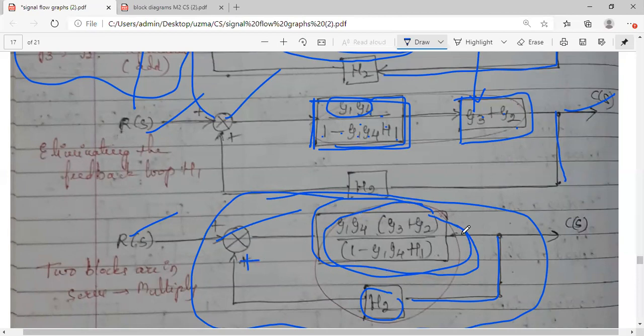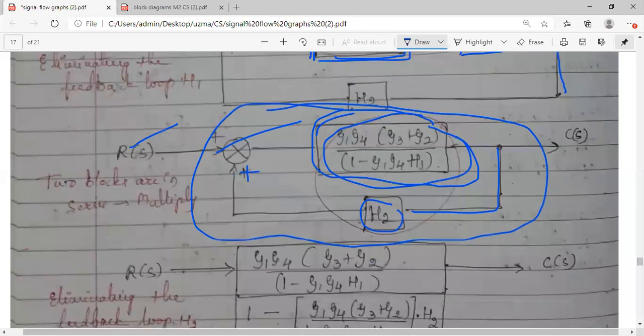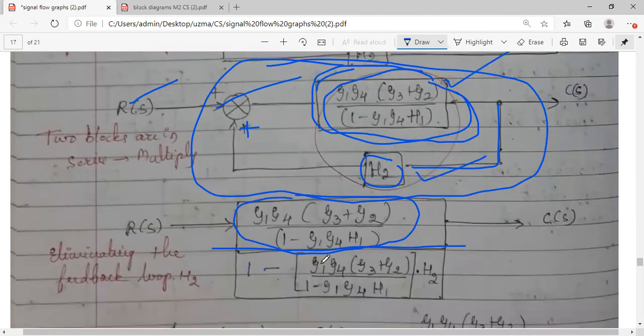So the complete first block term will come into the numerator, divided by 1 minus multiplication of these two gains. So first gain is the bigger term, G1, G4, G3 plus G2, over 1 minus G1, G4, H1. So this complete term is one gain into H2.